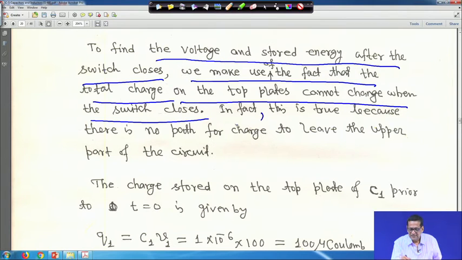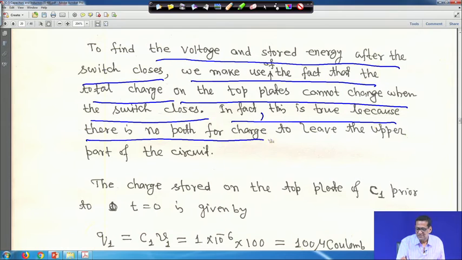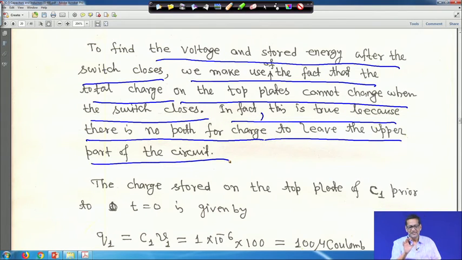In fact, this is true because there is no path for charge to leave the upper part of the circuit, right. So, the idea is something like this.